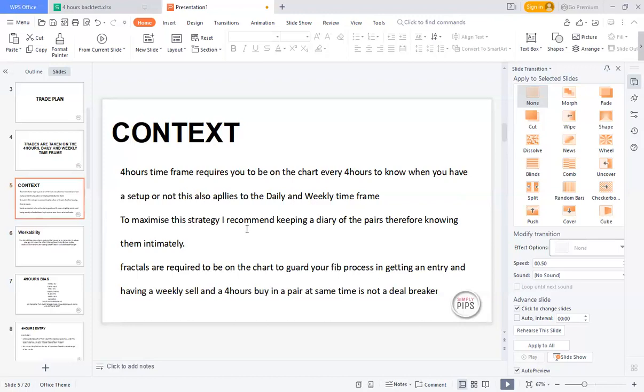To maximize this strategy, I recommend keeping a diary of the pairs, therefore knowing them intimately. You need to have the information to know where you are really taking the loss, or what the recurring pattern is that is hitting you the most, whether in a pair, or when you are buying, or when you are taking those trades within the daily time frame setup.